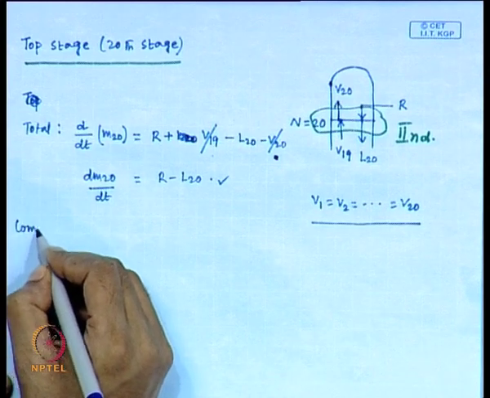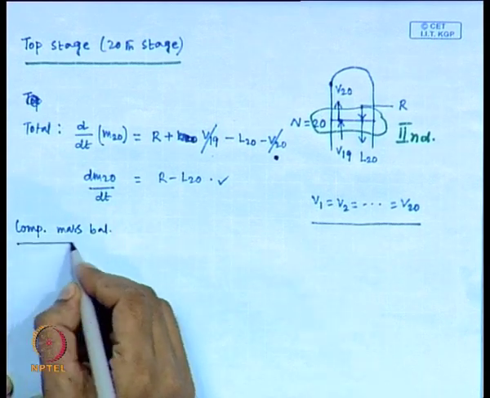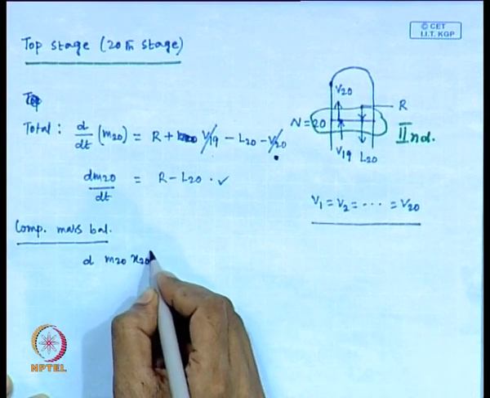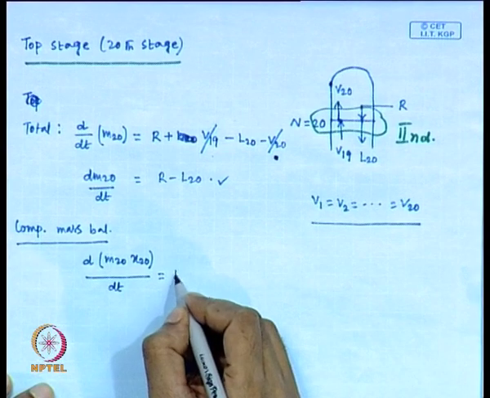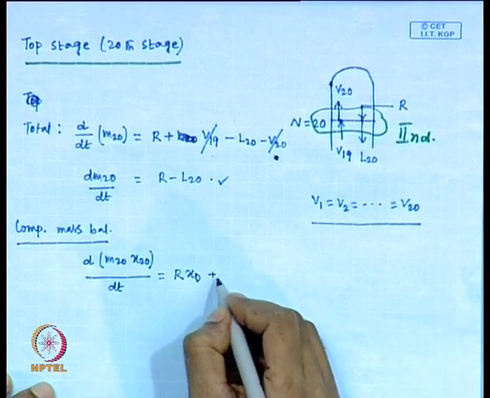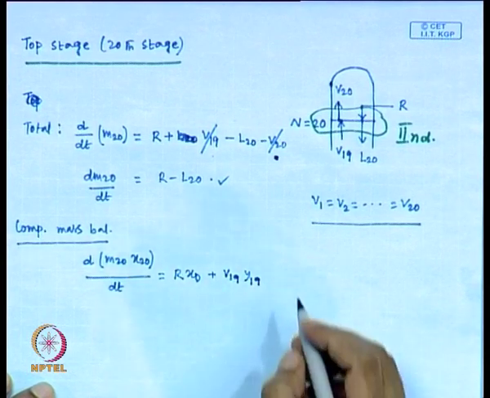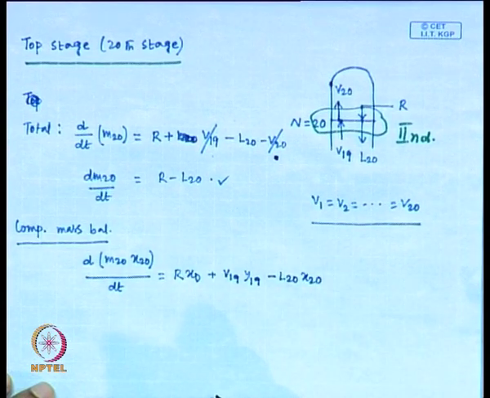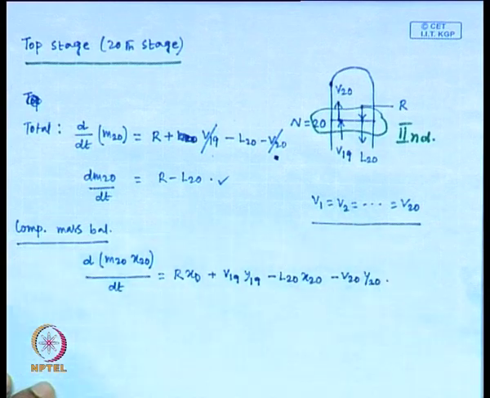What will be the component mass balance equation? Component mass balance: d(M20 x20)/dt equals reflux flow rate and composition xD, plus V19 Y19, minus L20 X20, minus V20 Y20.